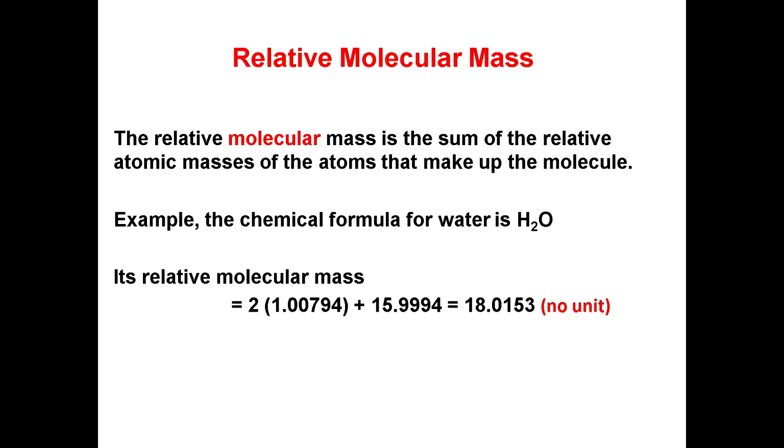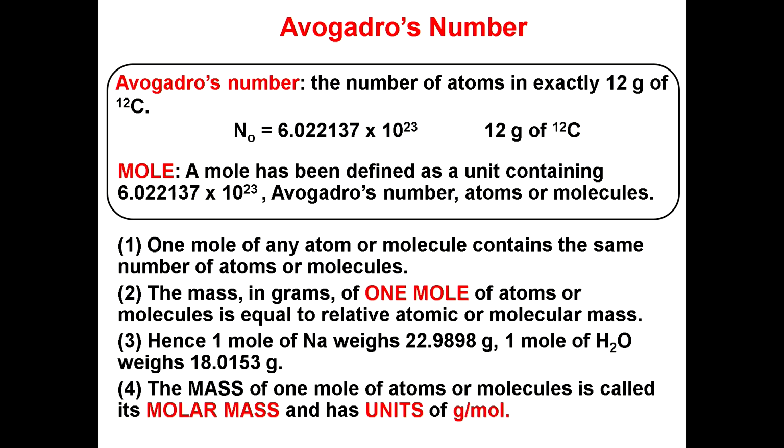It includes 2 hydrogen and 1 oxygen, so its relative molecular mass is 2 hydrogen plus 1 oxygen, added together. And also, no unit, because relative atomic mass has no unit. So the relative molecular mass also has no unit.